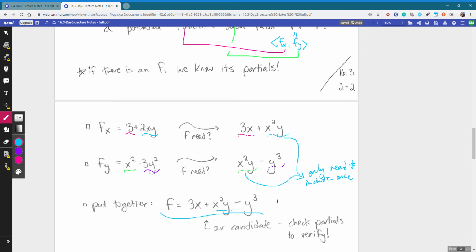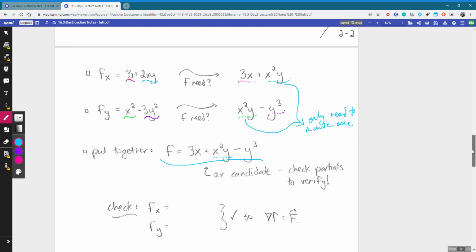At this point, to check if this really works and this is indeed the function whose gradient is our vector field, we just need to actually compute our partials and essentially find the gradient field of this function. And so working through that here, the partial of our function with respect to x is going to be 3 plus 2xy minus 0.